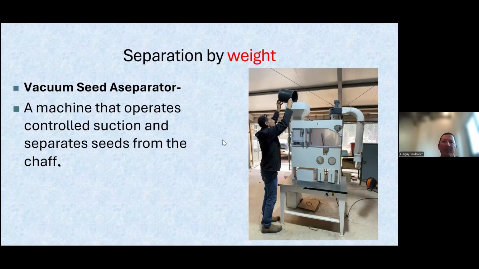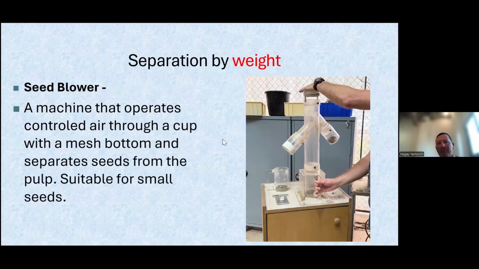Another machine that we have is called a seed blower. We have here a cup with a net at the bottom, so you can put the seeds with the chaff on the net, and then from the bottom there is a tunnel of a very strong wind.